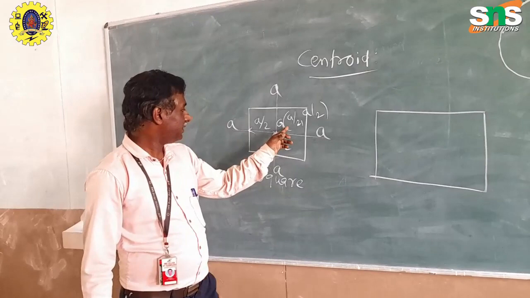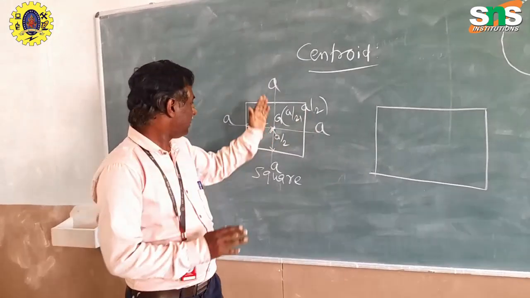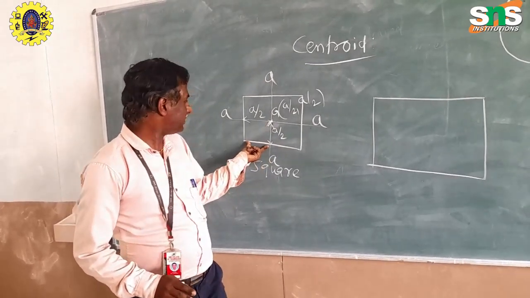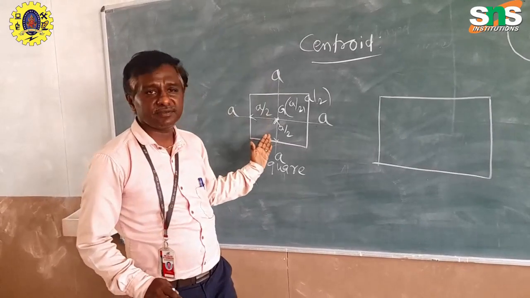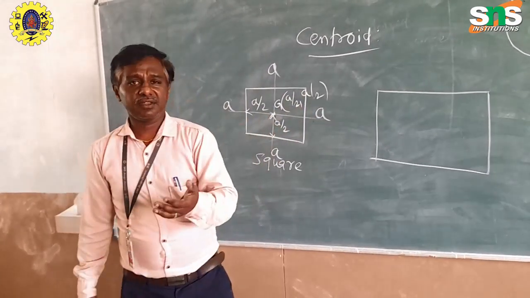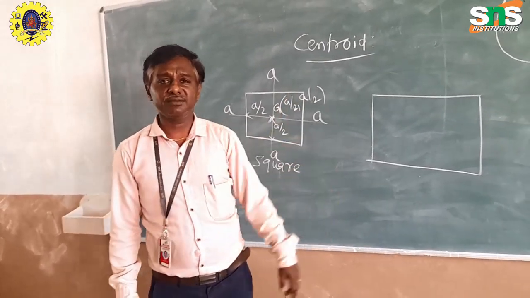Centroid a by 2 comma a by 2. That means at half of the horizontal distance as well as half of the vertical distance. That point must be called the centroid for a square, since it is two axis symmetry.